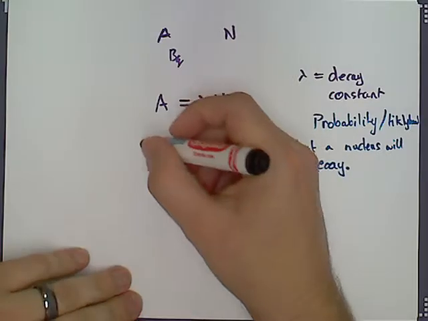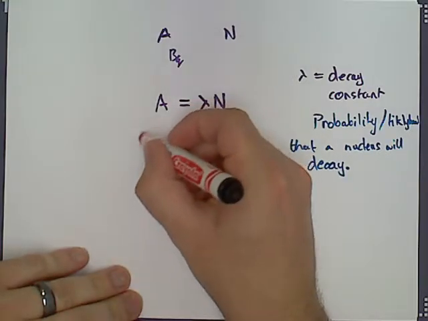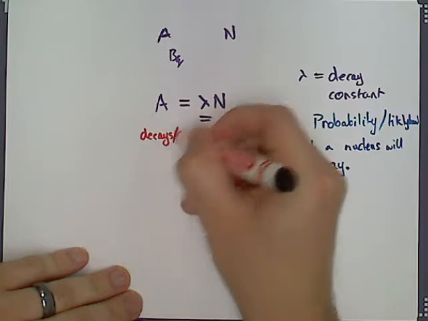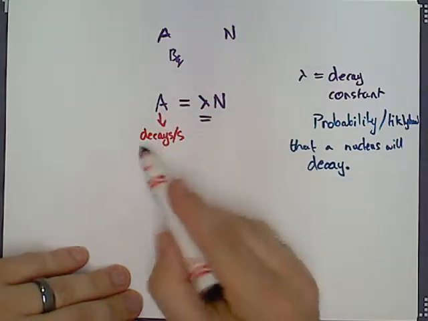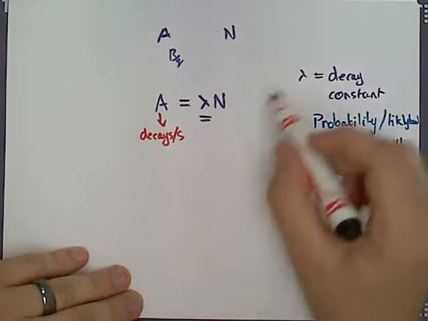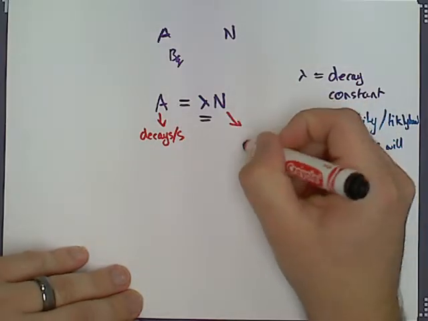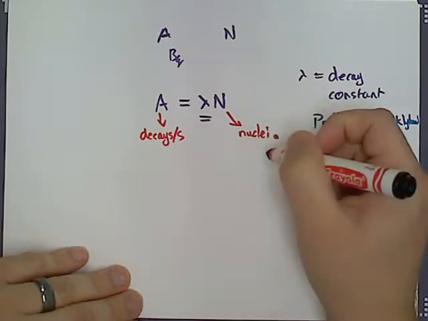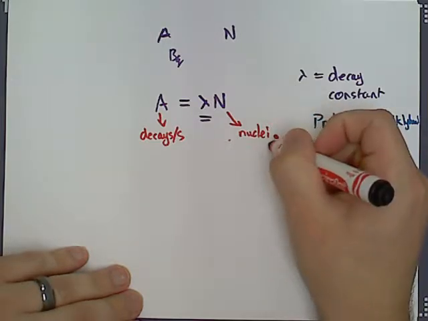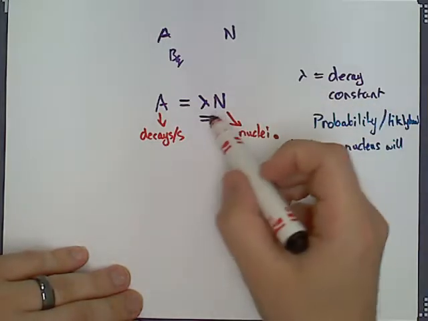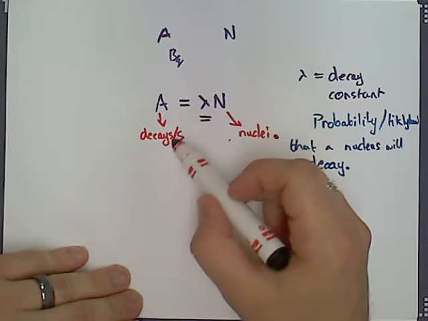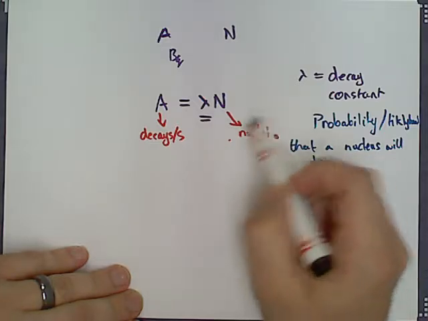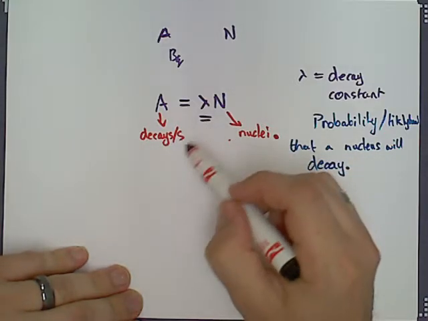So if this is a number of decays or disintegrations per second, and this is the number of nuclei, i.e. the nuclei that could decay, then this must be the per second bit, because the decays and the nuclei are linked, but the per second isn't.